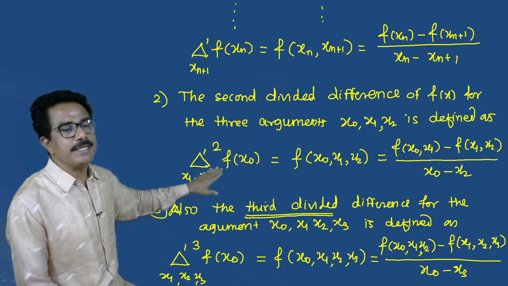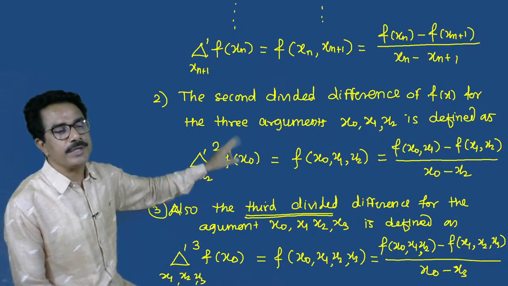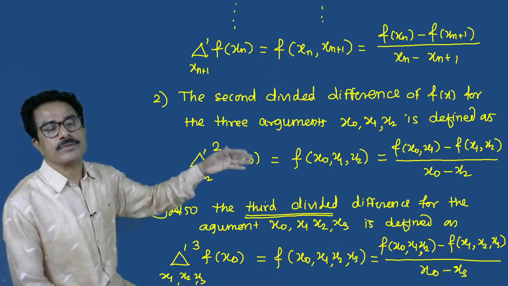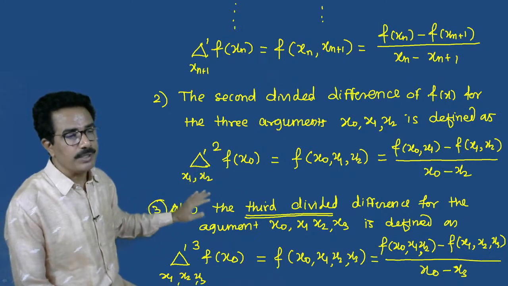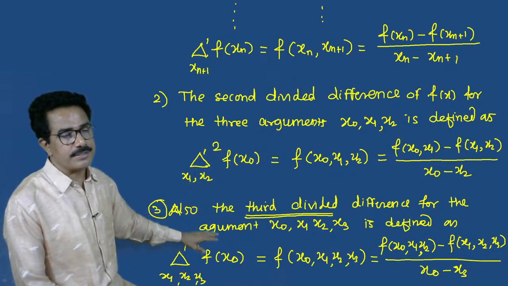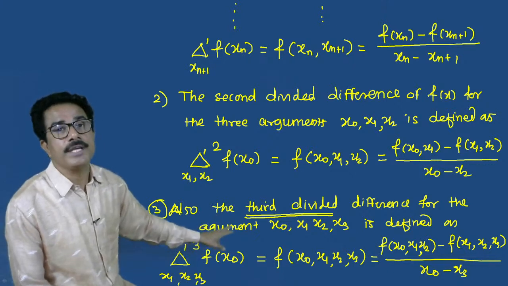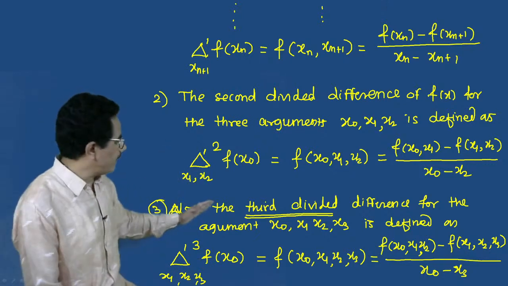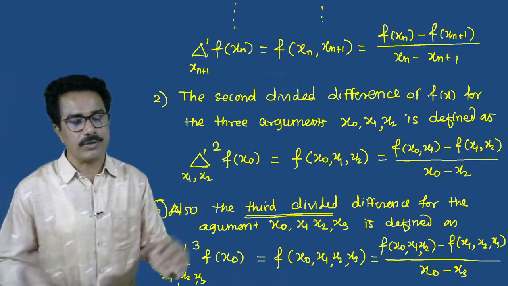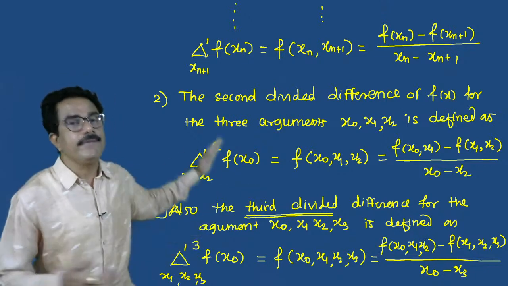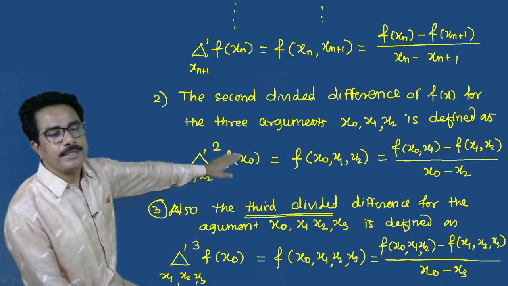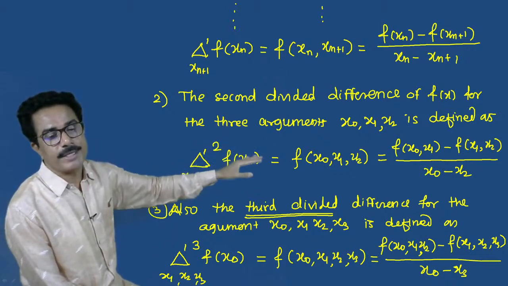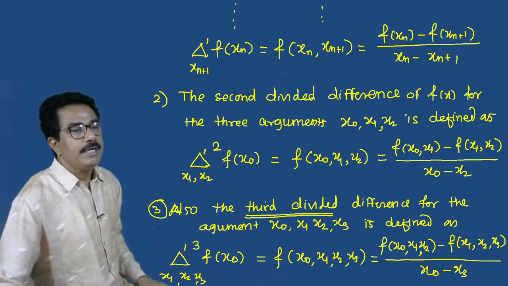So the second divided difference can be written as f of x0, x1, x2, which is f of x0 comma x1 minus f of x1 comma x2 divided by x0 minus x2. This is the third divided difference, delta dash 3 of f of x0 over x1, x2, x3, also denoted by f of x0 comma x1 comma x2 comma x3, and calculated by the formula f of x0 comma x1 comma x2 minus f of x1 comma x2 comma x3 divided by x0 minus x3.